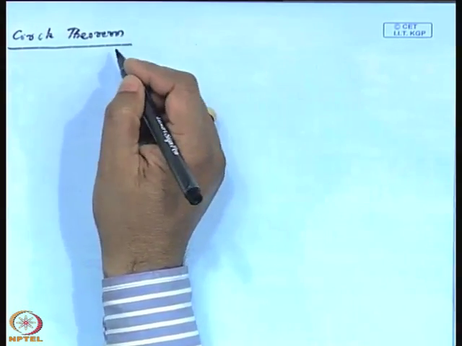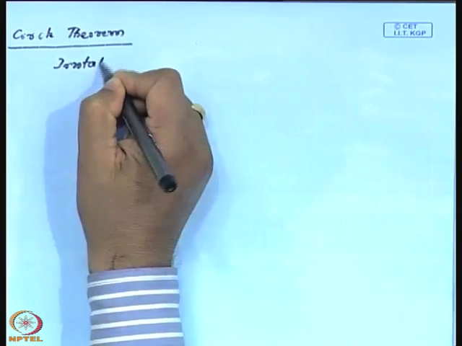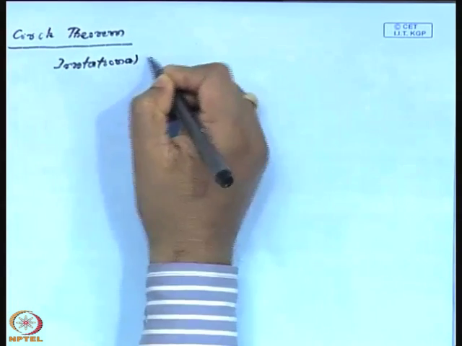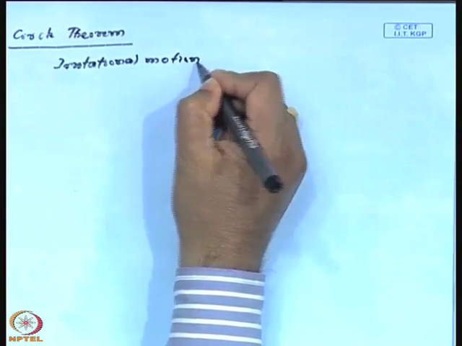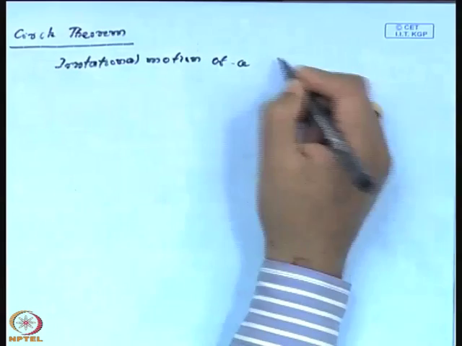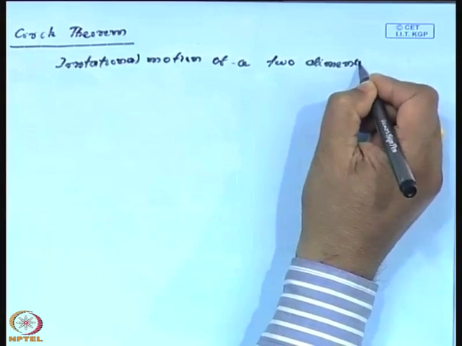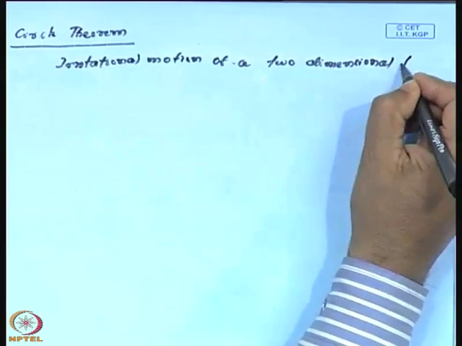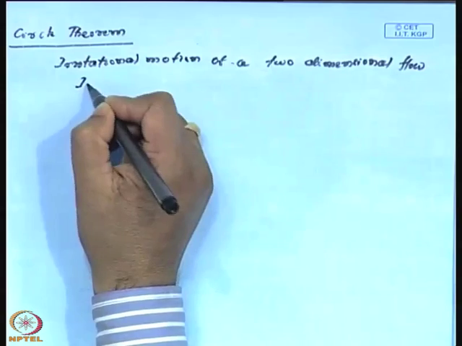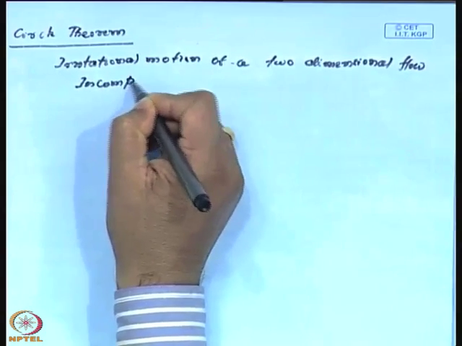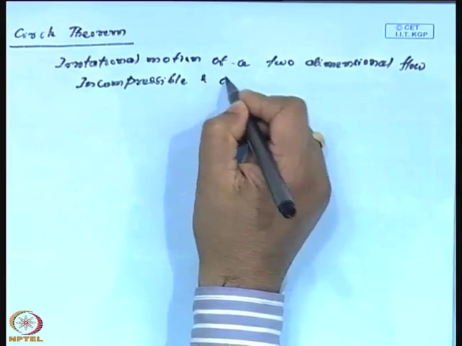This theorem says that suppose we have a rotational motion of a two-dimensional flow, and of course the fluid is assumed incompressible, and envisaged.